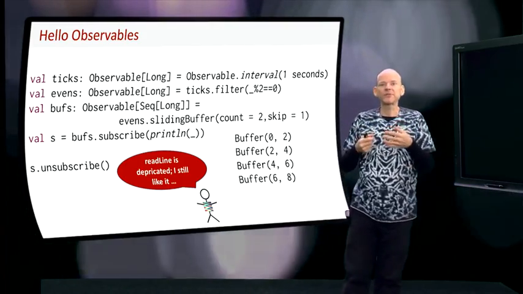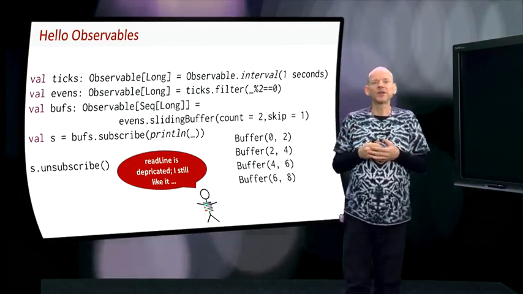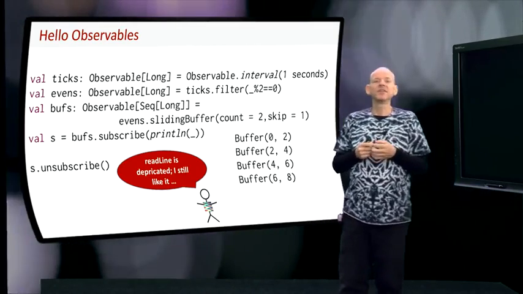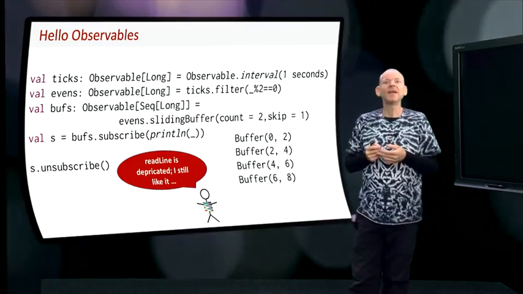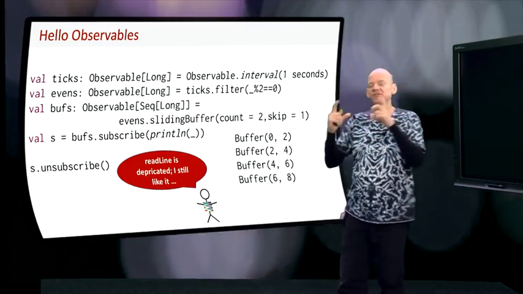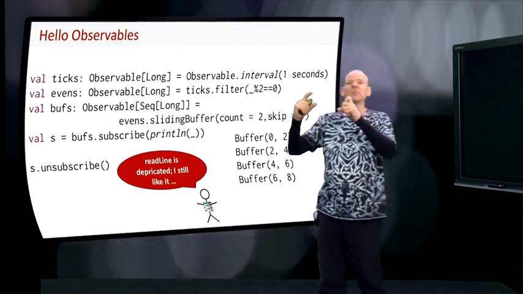So for example, we can filter them. And in this case here, you see that we're filtering out all the ticks that are even. And then the next thing we're going to do is group these ticks together in chunks of 2 shifted by 1.